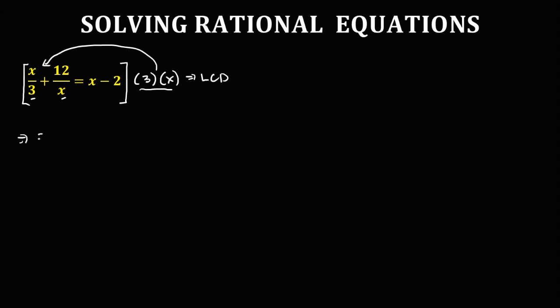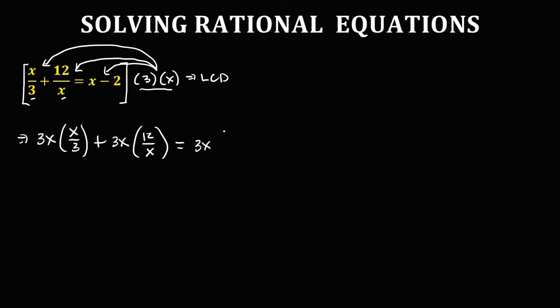So we have 3x times x over 3, then plus 3x times 12 over x, then equals 3x times x minus 2. Then simplify.